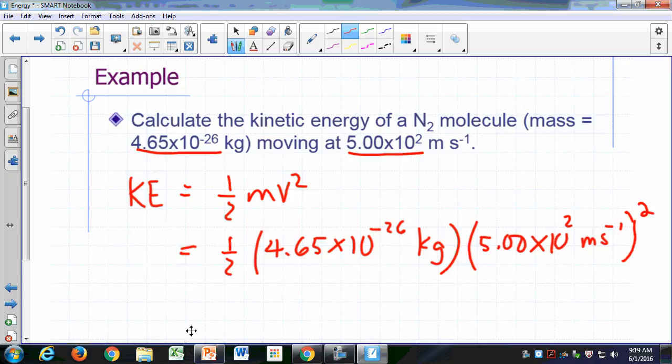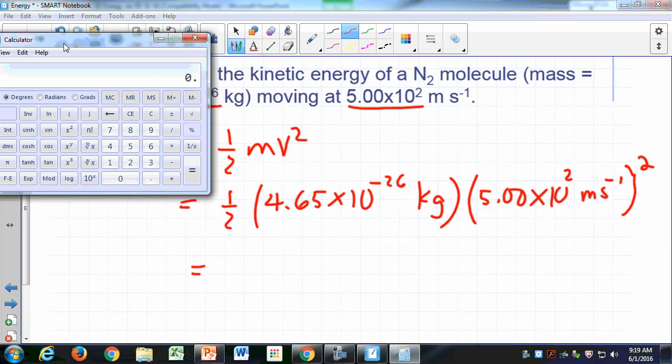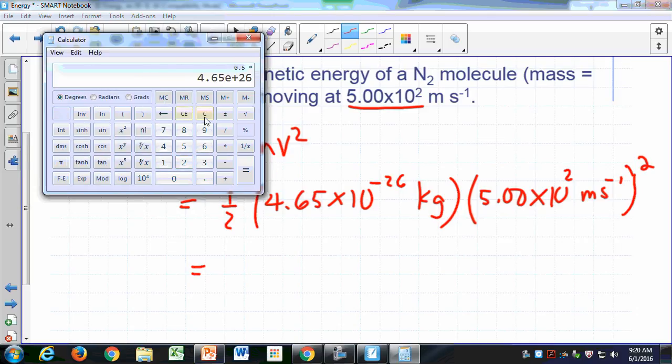Okay. And then I can just go ahead and plug the numbers into a calculator. So you have 0.5, that's 1/2, times 4.65 times 10 to the -26. I have to make that negative. This EXP button is the same button you'll have on a Casio calculator, but on a TI calculator, that's going to be EE.